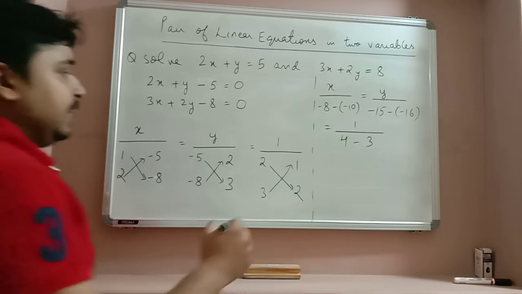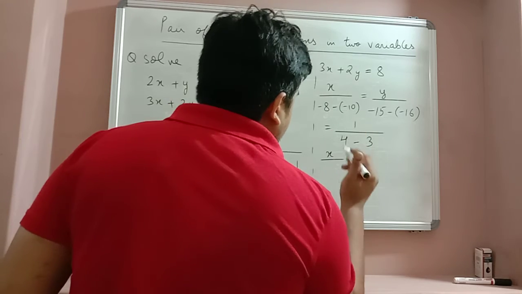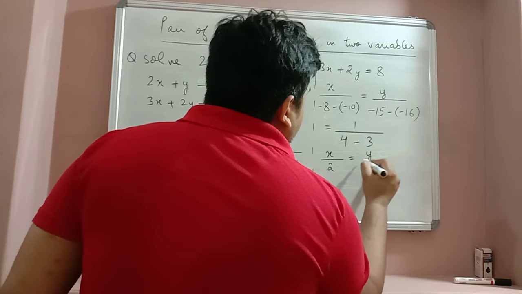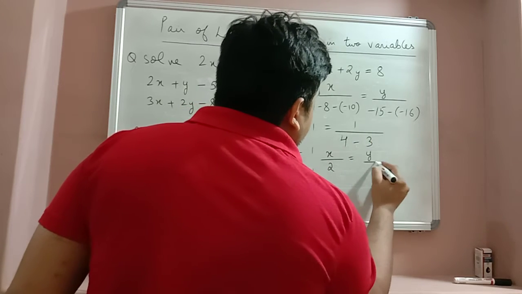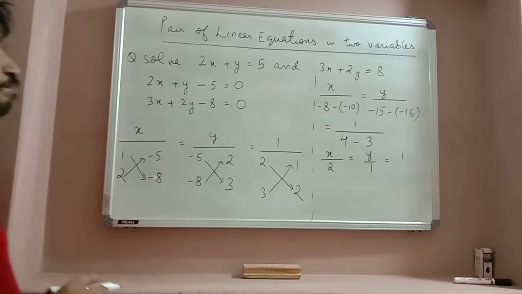Now further simplifying, we will get x by minus 8 plus 10, that turns out to be 2, y by minus 15 plus 16, that is 1, and equal to 1 by 1, that is 4 minus 3 is 1.